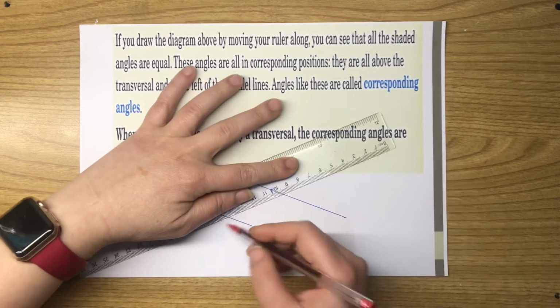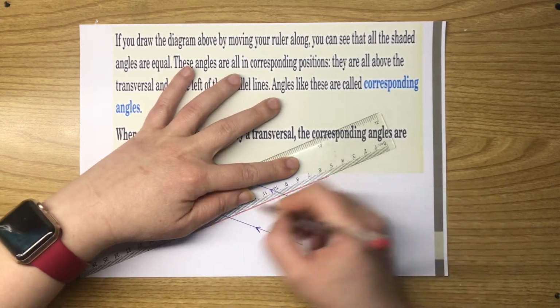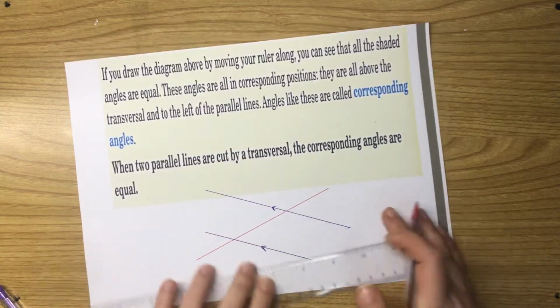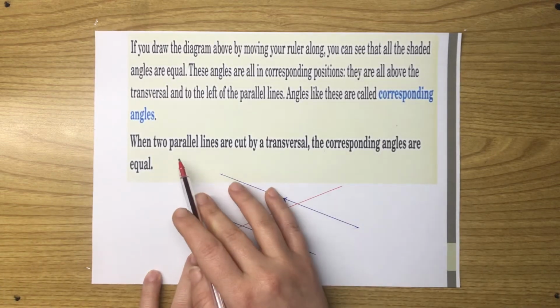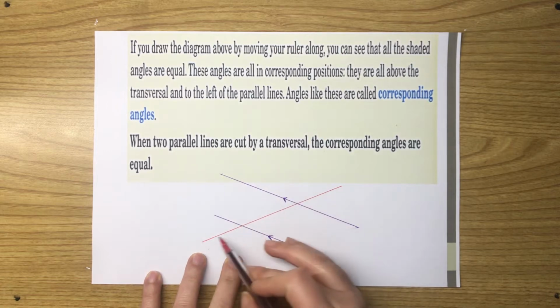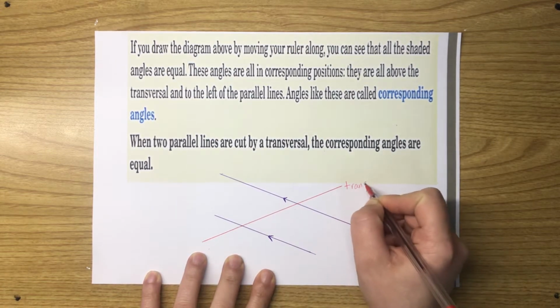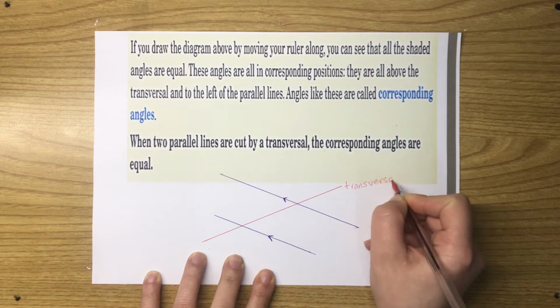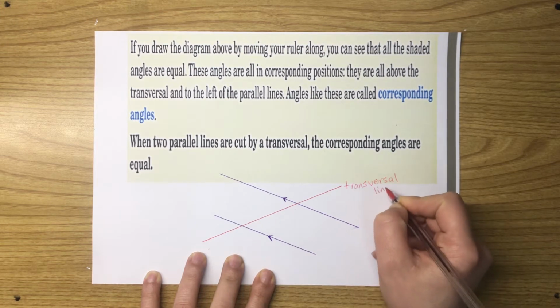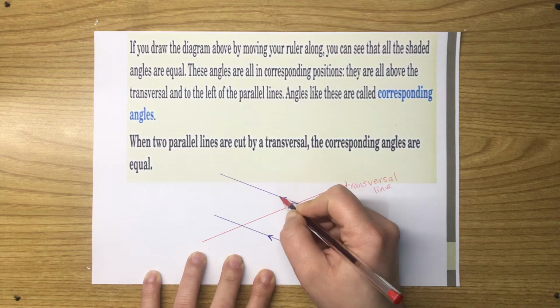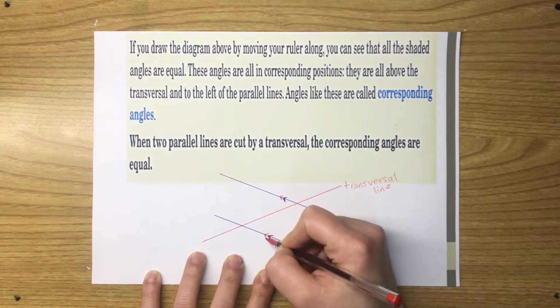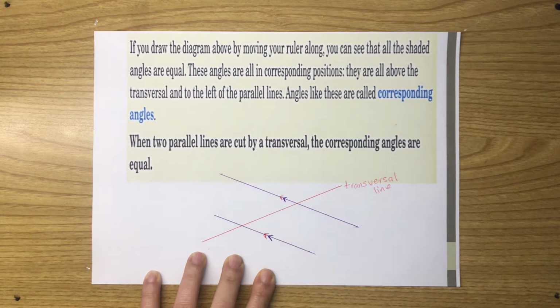Okay, here is another line. This is a transversal line, and these two are a set of parallel lines. The corresponding angles are equal.